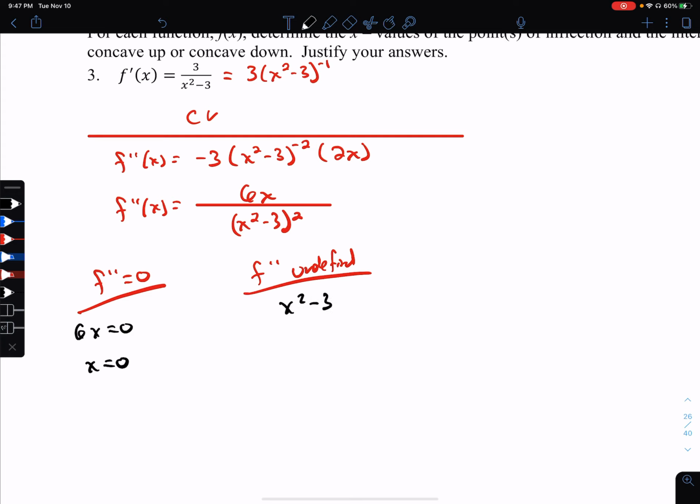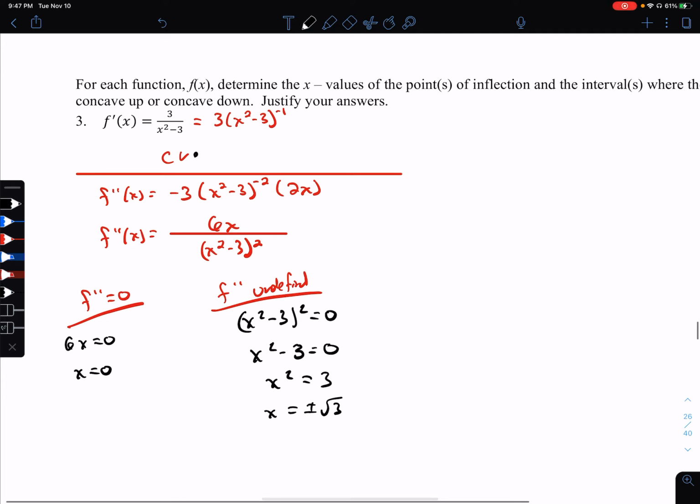And when (x squared minus 3) squared is equal to 0, we end up with plus or minus square root of 3. So we have critical values of x equals negative square root of 3, 0, and positive square root of 3.